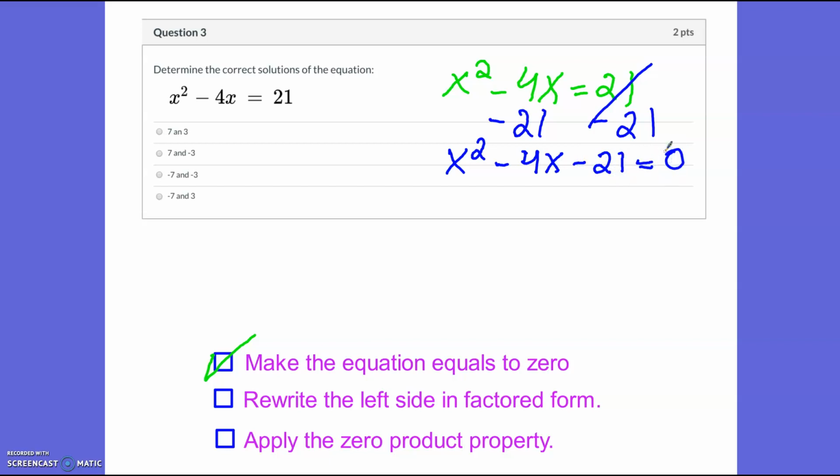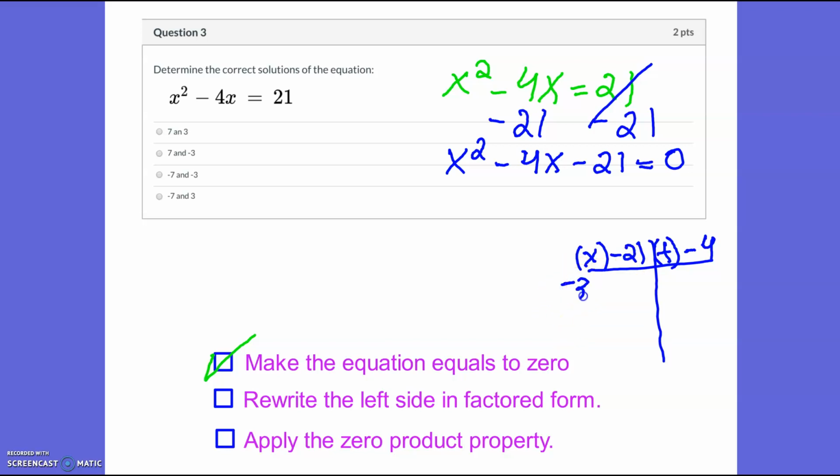Okay? So now I need a number that will multiply and give me negative 21. This is multiplication. Okay? And will add and give me negative 4. So let's see. I know that 3 times 7 is 21. And I need negative 21.